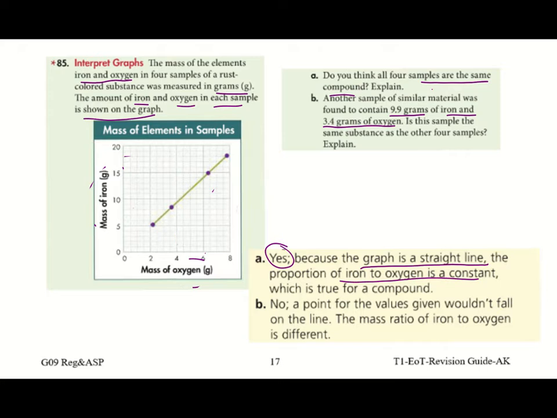He's asking if you have another sample, a 5th sample of rust, that has 9.9 grams of iron and 3.4 grams of oxygen. Is this sample the same or not as the 4 samples on the graph?